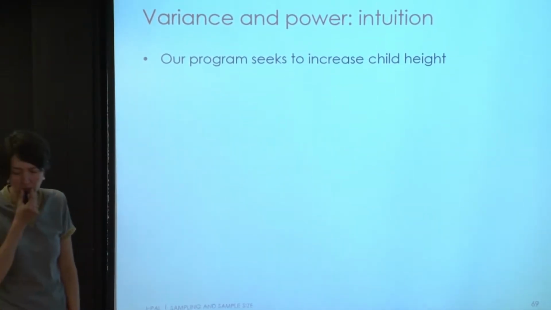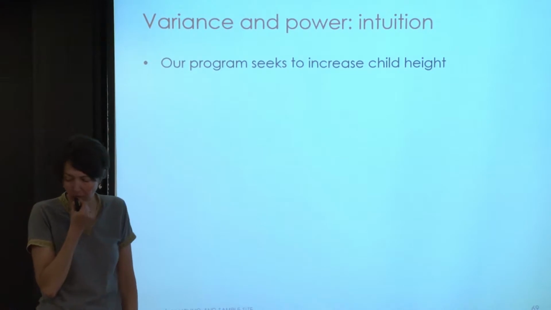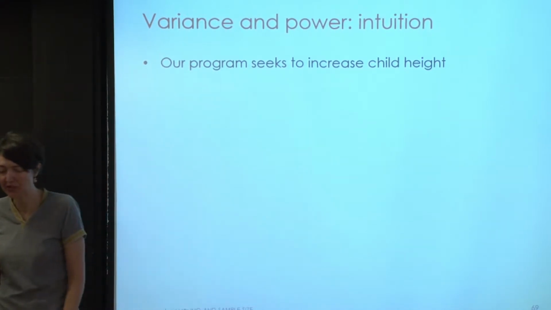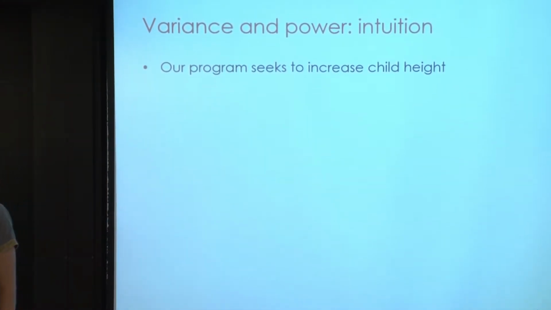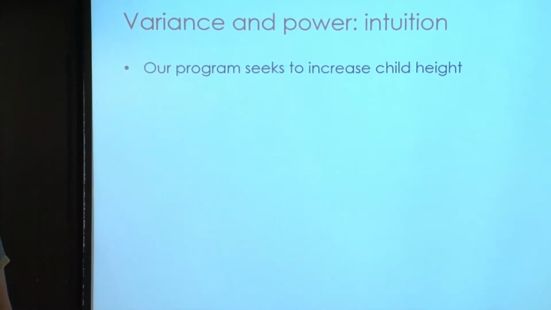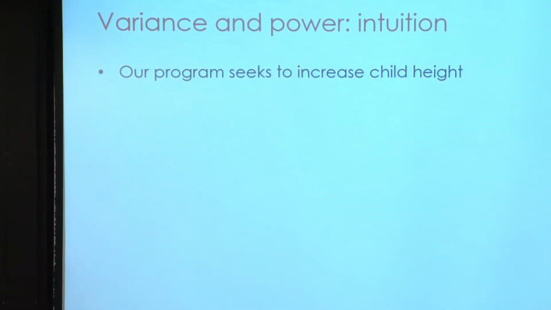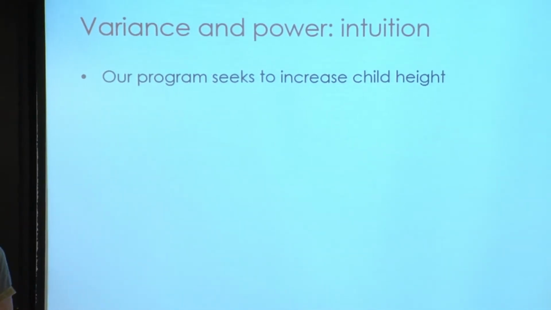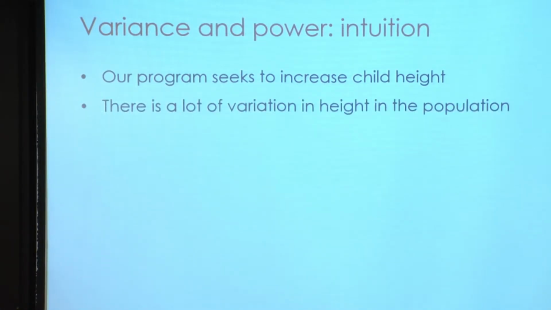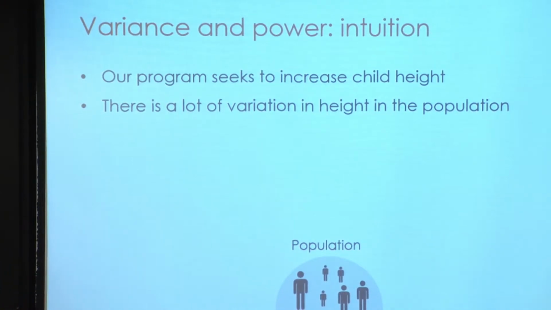Okay, so variance and power. Imagine our program seeks to increase children's height by giving them some nutrition, very small children, very malnourished. If you increase nutrition, you get an increase in height, we hope. And there's lots of variation in height in the population.